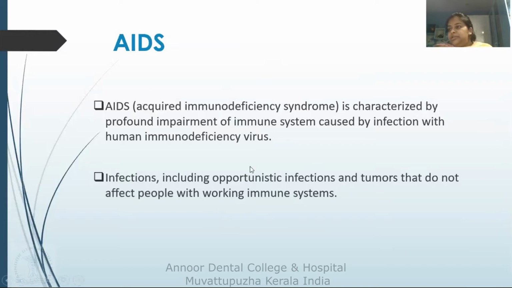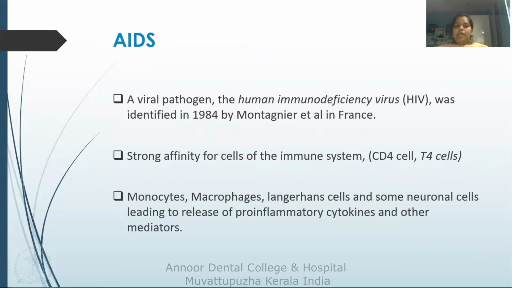Such patients usually have a lot of severe infections, including opportunistic infections and tumors, that usually do not affect people with a working immune system. But in HIV patients, there are a lot of infections, including opportunistic infections, because of their impaired immune system.